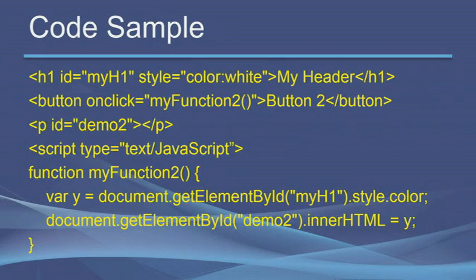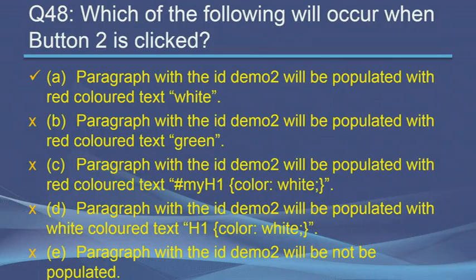So if you look at the paragraph ID demo 2, it's going to populate that when this button 2 is clicked. So if you look at the answers for question 48, which of the following will occur when button 2 is clicked? It is answer A, because paragraph with demo 2 will be populated with red colored text because the body text is red, and the text will be the string, the word white.